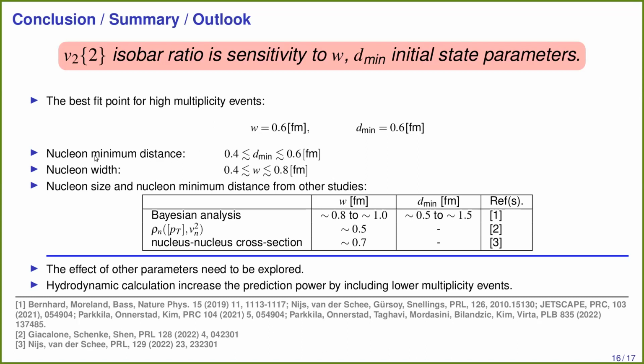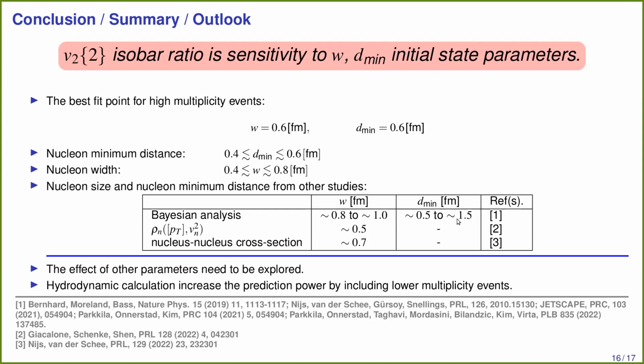Or if you just put some range based on your chi-square, it tells you that D mean should be in this range and W should be in this range, which is not very bad, because from the Bayesian analysis before, we knew that we were getting large W, but in recent studies these smaller W's are actually preferred.